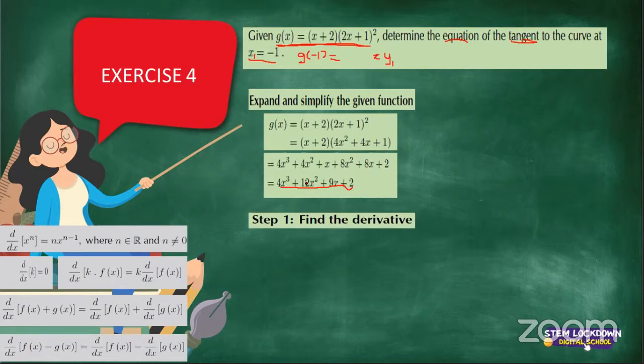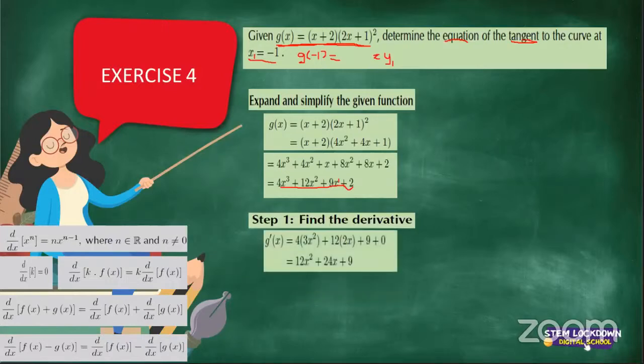Same thing with this one, 2 times x to the power of 2 minus 1. This is raised to the power of 1, and the derivative of a constant is 0. Okay, so this is our answer.